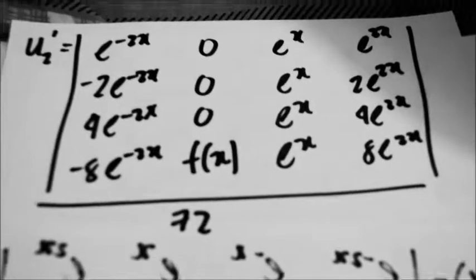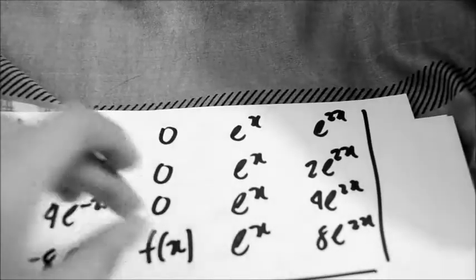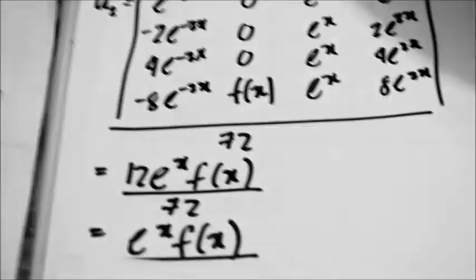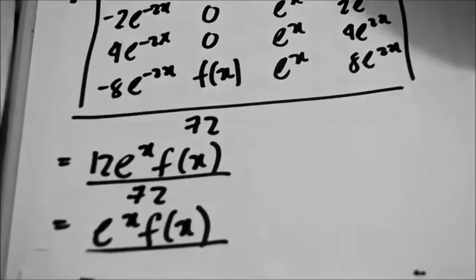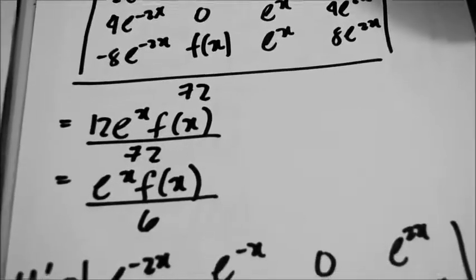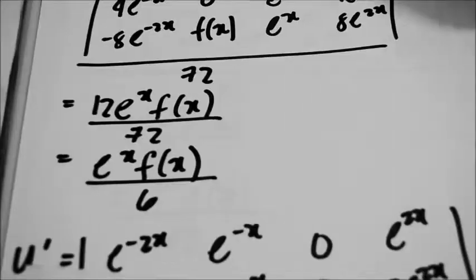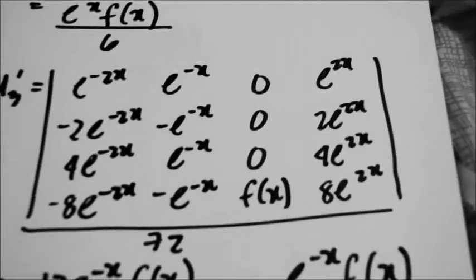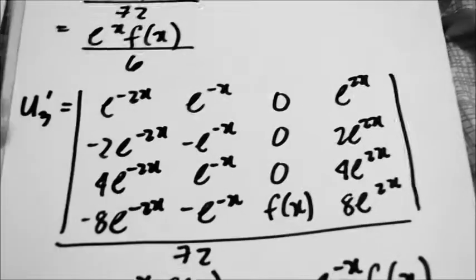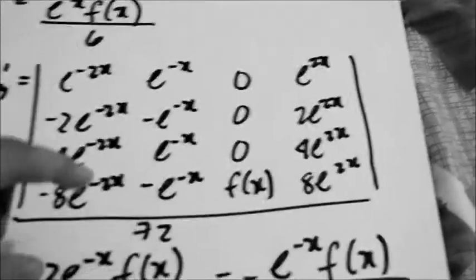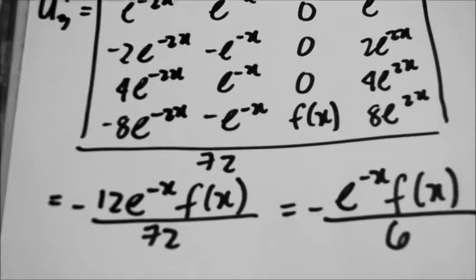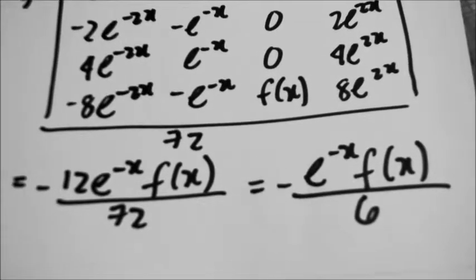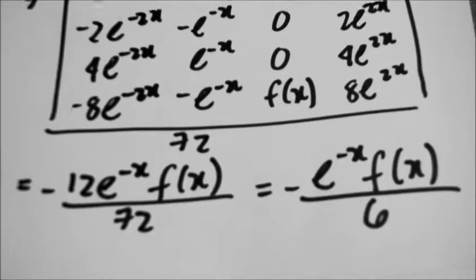For u sub 2 prime, we will set this to 0 and divide this by 72, and we will get 12 e to the x f of x over 72, or e to the x f of x over 6. For u sub 3 prime, we will set this to 0 and divide this overall with 72, and we will get negative 12 e to the negative x f of x over 72, or negative e to the negative x f of x over 6.